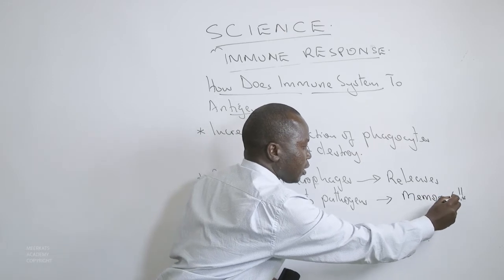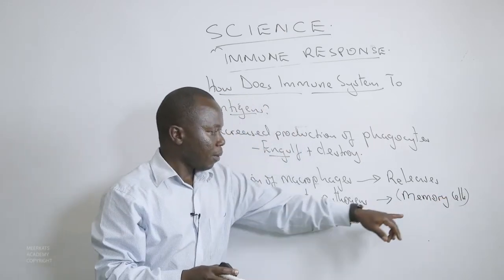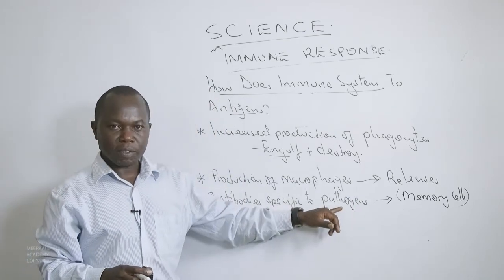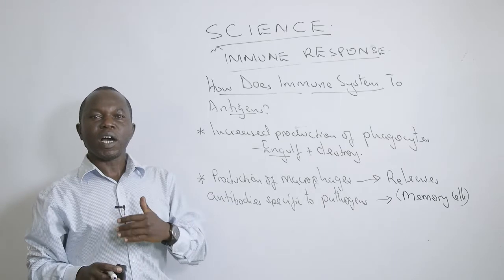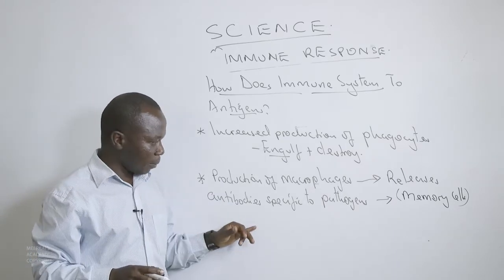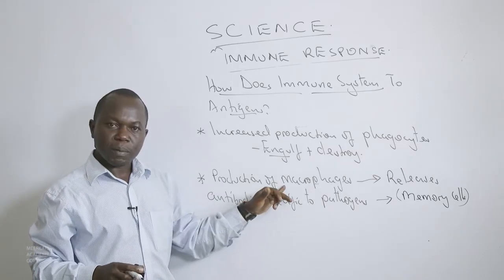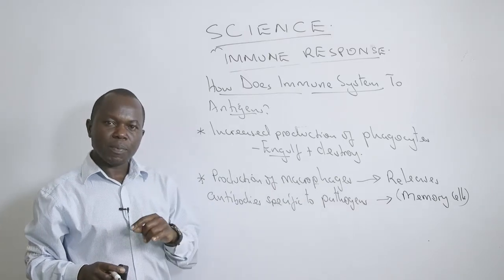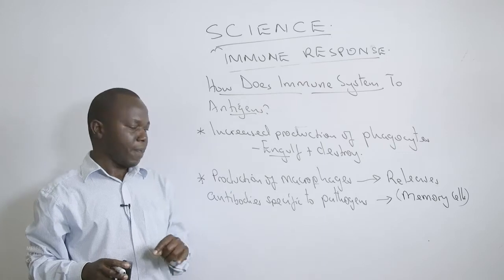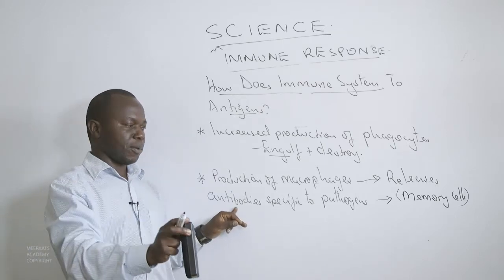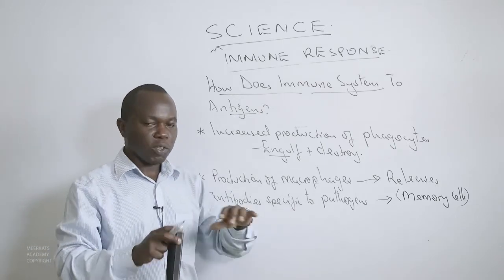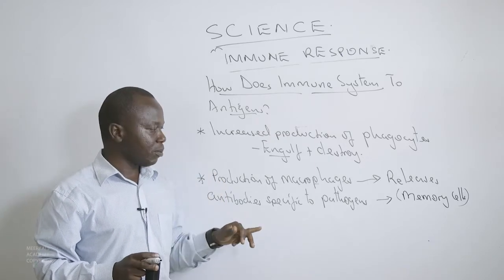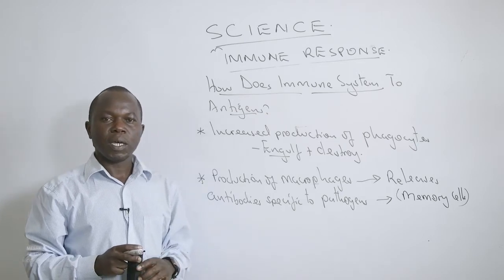They are macrophages, but they can remember the structure of the pathogen, such that if you have any other attack any other time, the macrophages will remember that this is the pathogen that attacked this body at one time, and these are the antibodies that I produced. So because of the memory, they are now able to release more of those antibodies to fight against those pathogens.